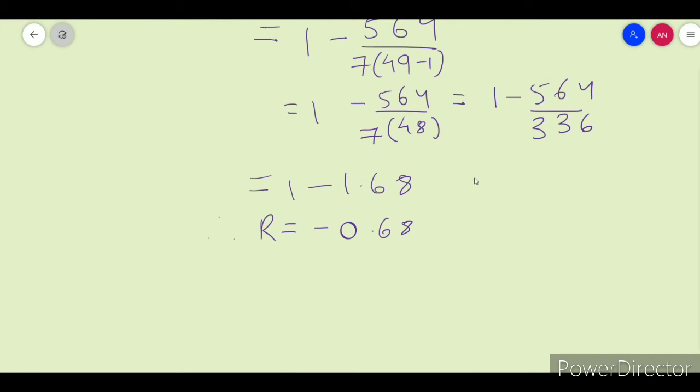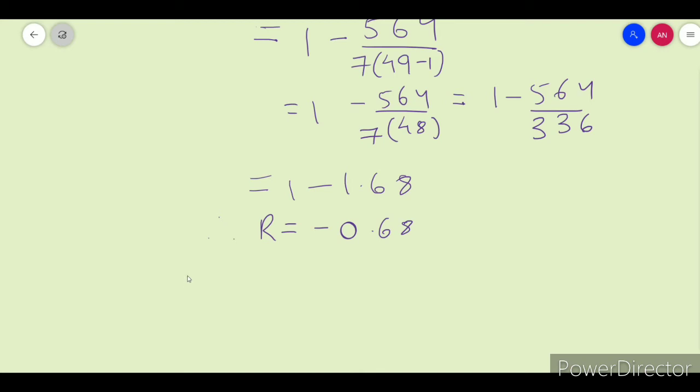And we find here that the rank correlation coefficient gives us a value of negative 0.68. So negative 0.68 is considered as a moderate correlation. Okay, it is considered as a moderate relationship.